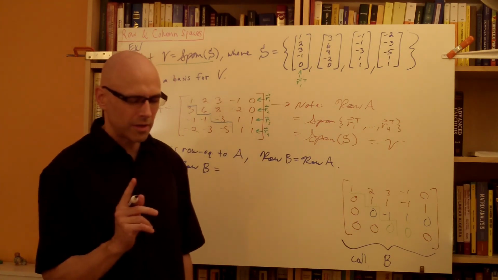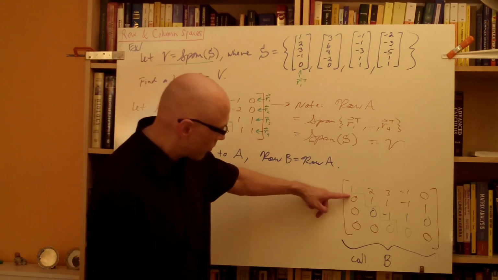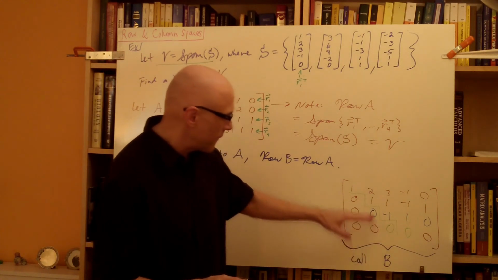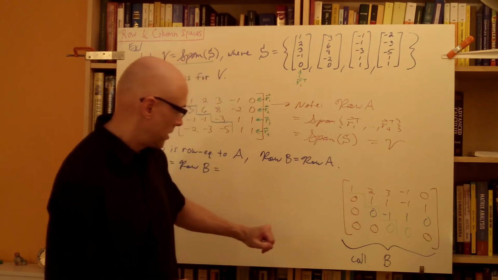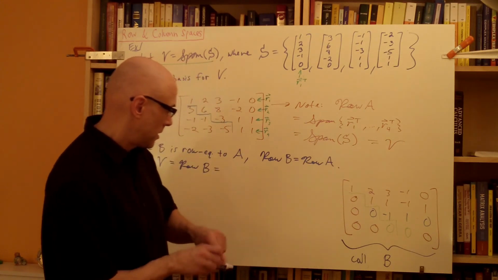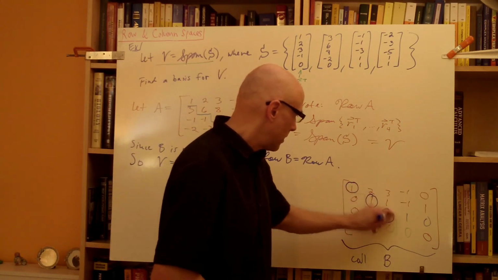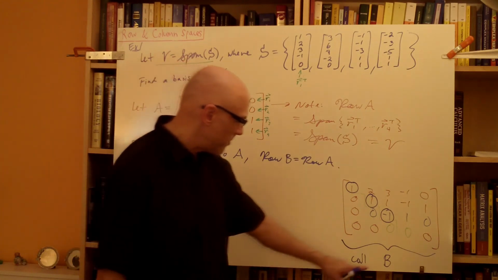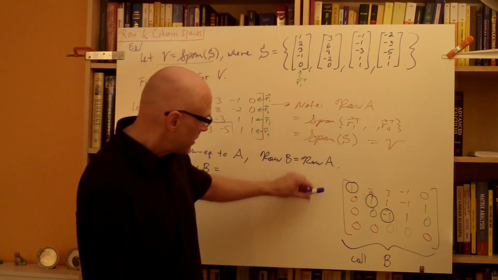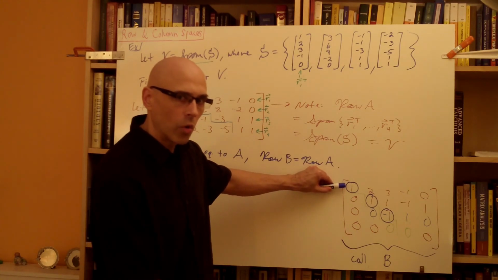Okay, but here's the key thing. These 3 row vectors of B are in fact linearly independent. These numbers here are called the pivots of B. The pivots of a matrix like B is the first non-zero entry in each row.